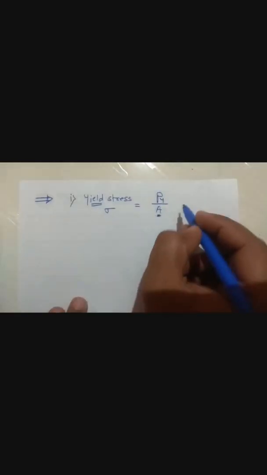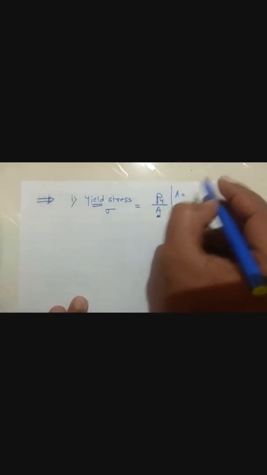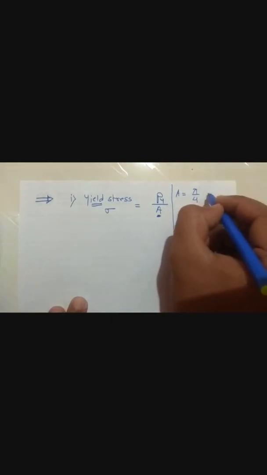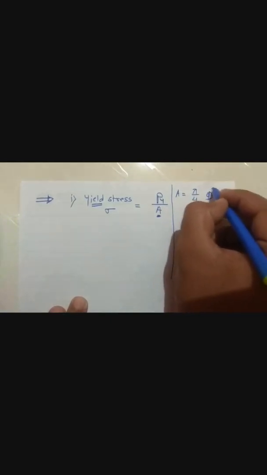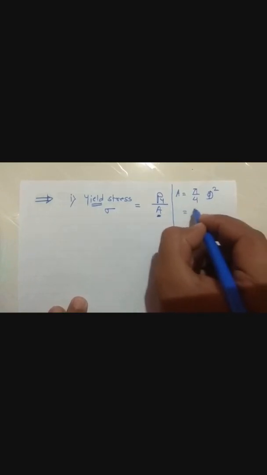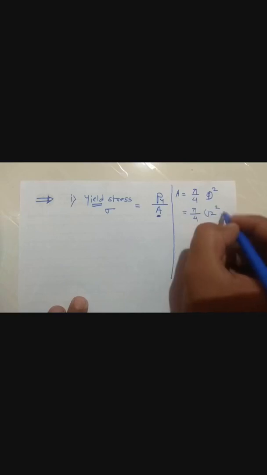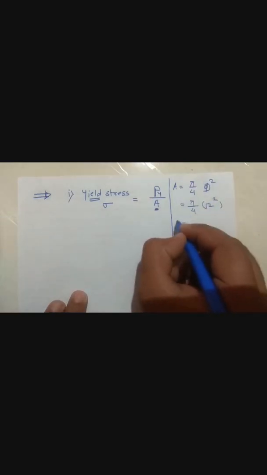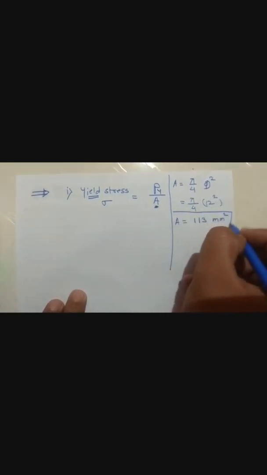Now this area is required in every problem, therefore we will find the area first of all. Capital A is equal to pi by 4 capital D square, here pi by 4 as it is, capital D is equal to 12 square, and area is 113 mm square.